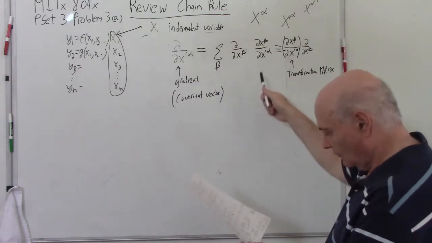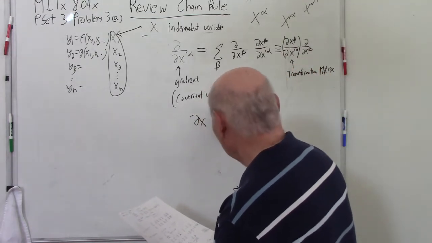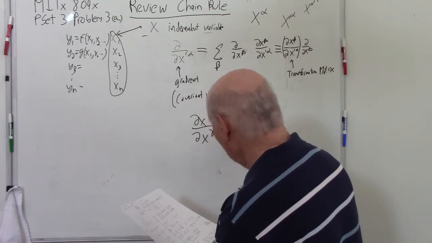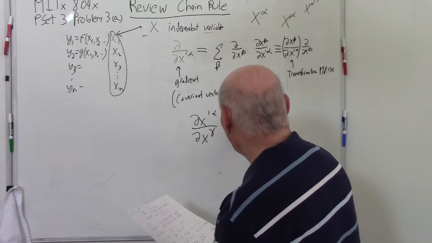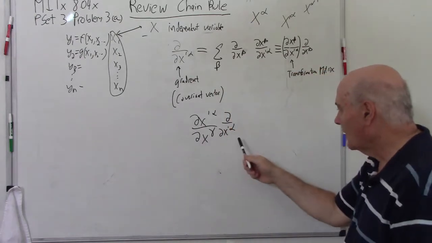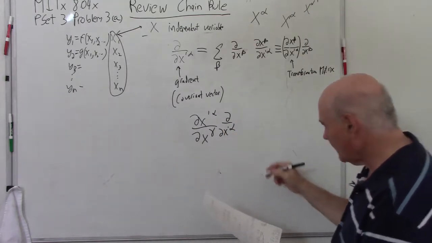So we multiply this equation on both sides by the partial of x prime alpha with respect to x gamma times the partial with respect to x prime alpha. Now when we do this multiplication, because we have the same index, it's automatically a sum as well.